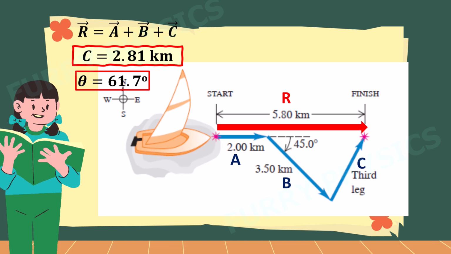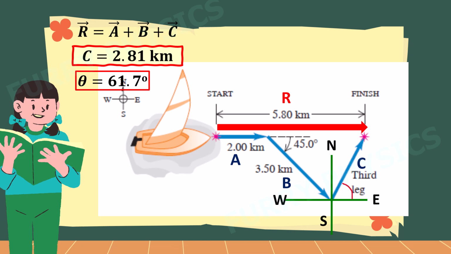Now, how do we describe the direction and magnitude of the third leg? As you can see in the diagram here, if we draw the Cartesian coordinate system at the origin, vector C is along the first quadrant. This is north, south, east, west.